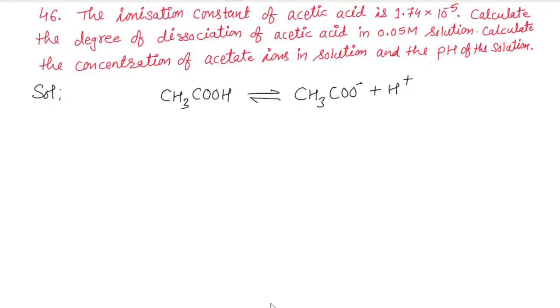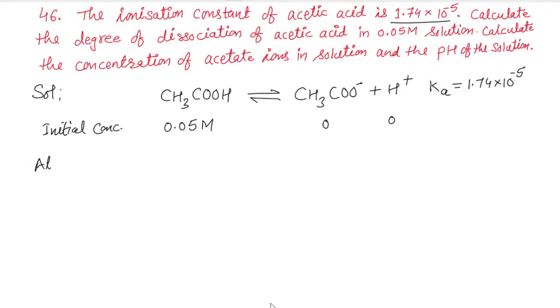Now we have the dissociation constant Ka, 1.74 × 10^-5, and the solution is 0.05 molar, which means it is the initial concentration. So the initial concentration of acetic acid is 0.05, and acetate ion and H plus ion are 0 initially.